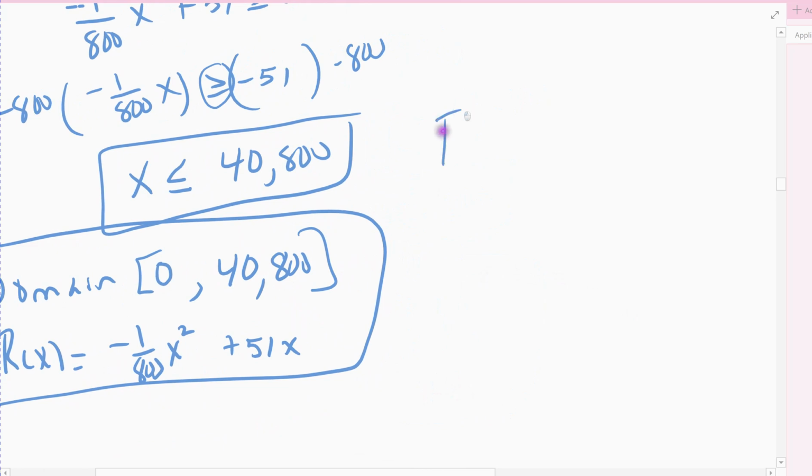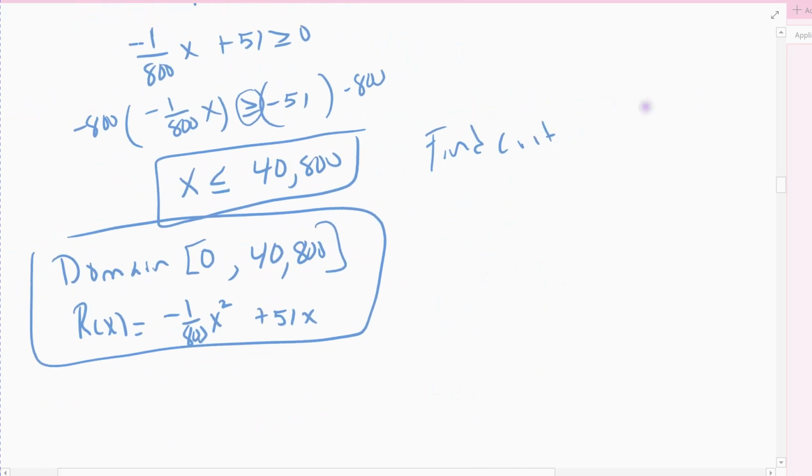So I find my critical values. Find the criticals on my domain, which means find my derivative and set it equal to 0. So I get negative 2, so negative 1 over 400 x plus 51, set that equal to 0.